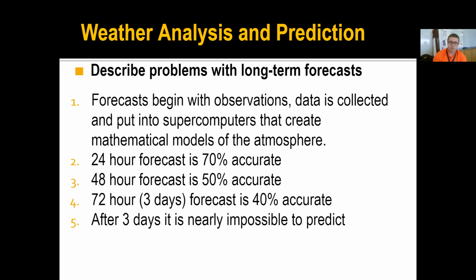I will say from my own past experience, temperature is generally easier to forecast going out than precipitation, just because temperature relies on fewer variables than precipitation.